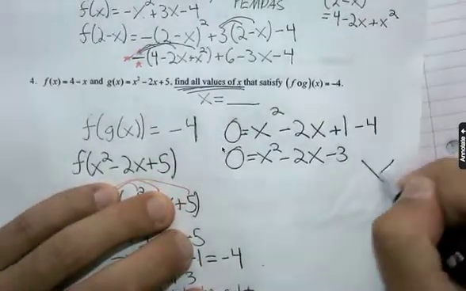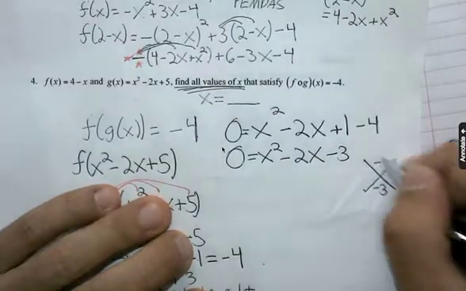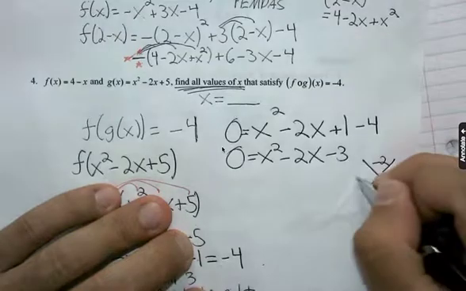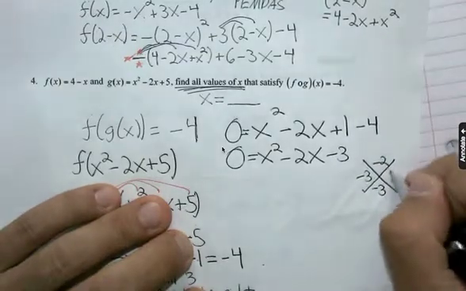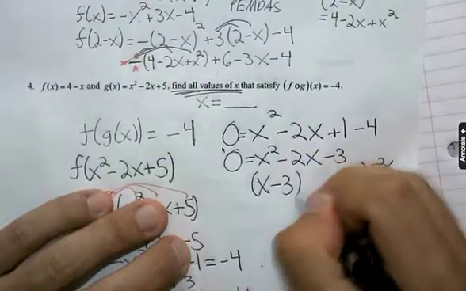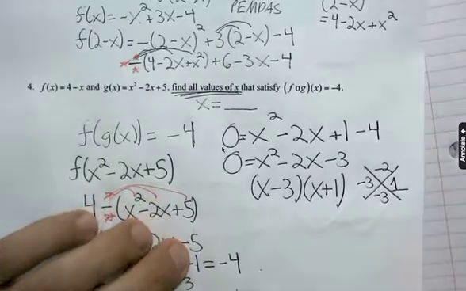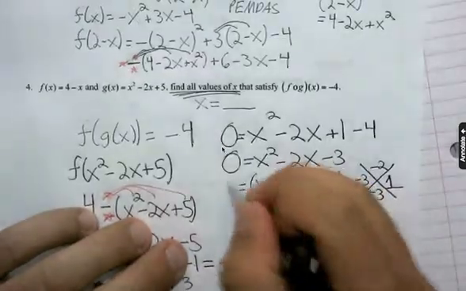So we have a product of negative 3, sum of negative 2. The only two numbers that are going to work here are negative 3 and 1. So when we factor, this is going to be x minus 3, x plus 1. This all equals 0.